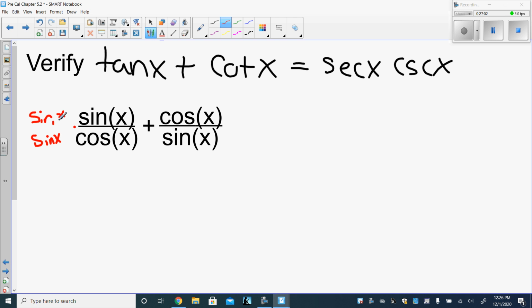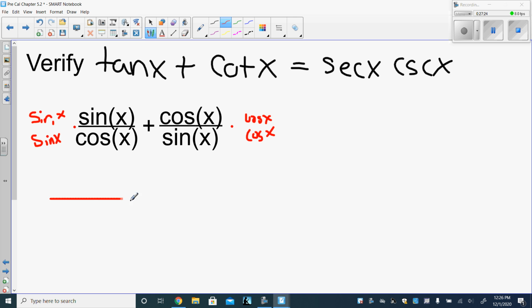For the other one, we're going to multiply top and bottom by cosine of x, because when I multiply top and bottom by sine of x and cosine of x, we will get the same denominator, so that I can add the numerators.